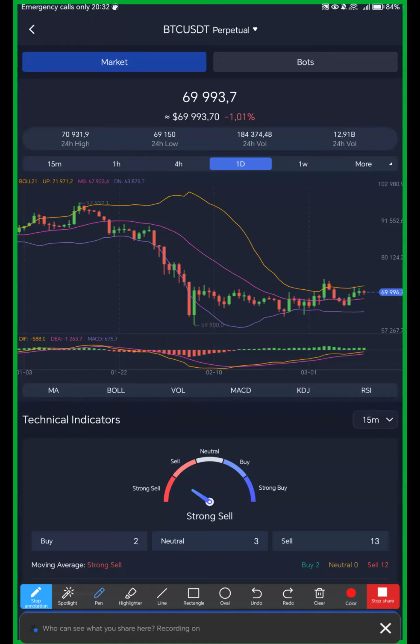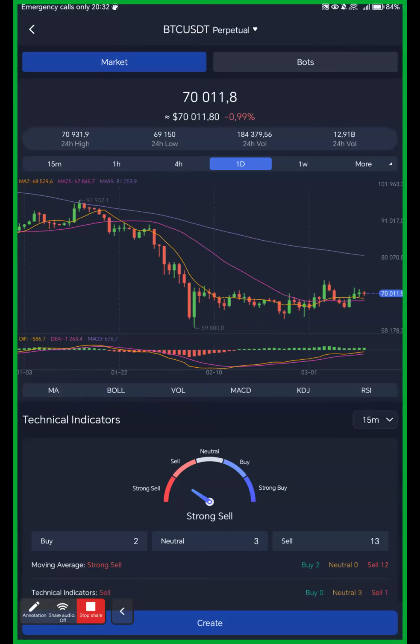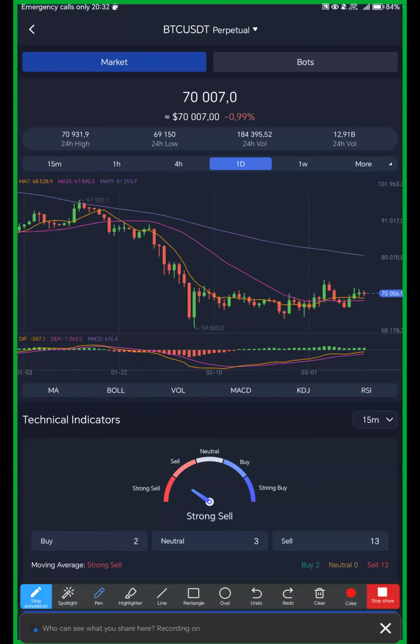So we do have the moving averages, we do have Bollinger Bands, we do have the volume indicator. When you press on these indicators, for example, I have pressed on moving average. So the indicator that is appearing here on top is the moving average indicator. I have pressed on MA. MA stands for moving averages.